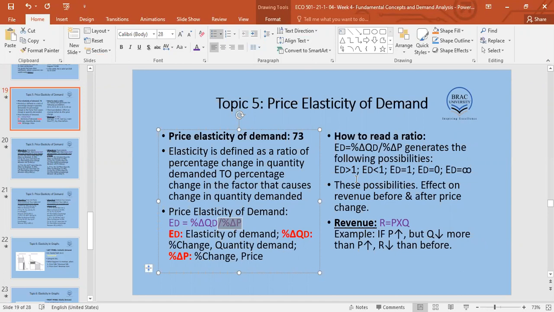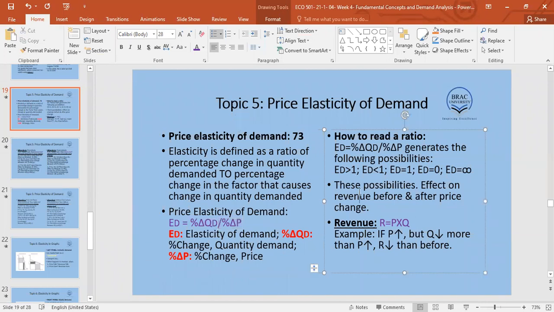The next possibility is that the ratio is equal to 1. The percentage change in quantity demanded and the percentage change in price are equal to each other. The next possibility is that the ratio is less than 1. That means the percentage change in quantity demanded is less than the percentage change in price.